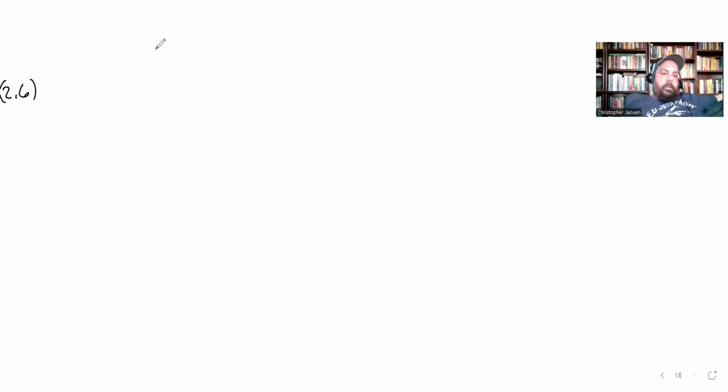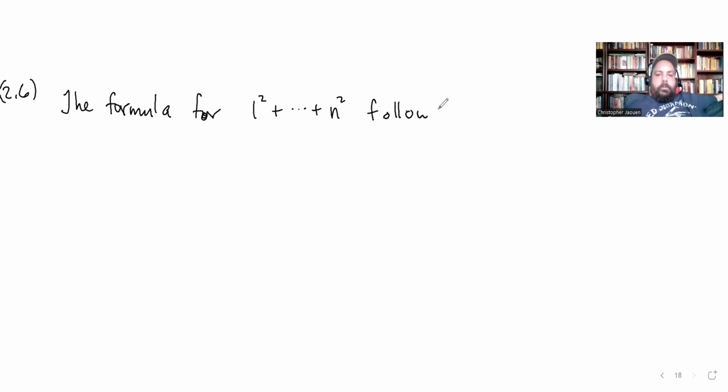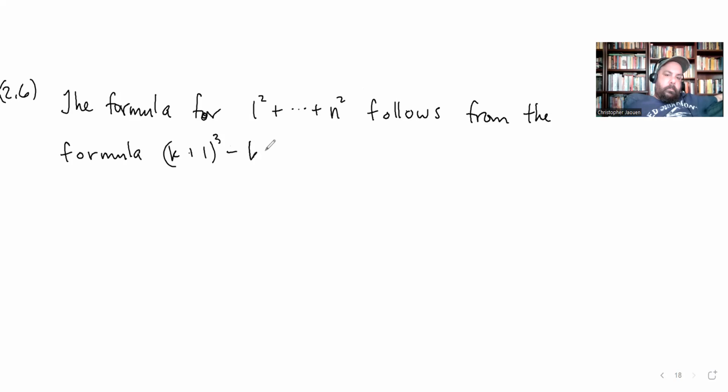So the formula for this follows from the formula, okay, you can derive this for k from 1 through n.